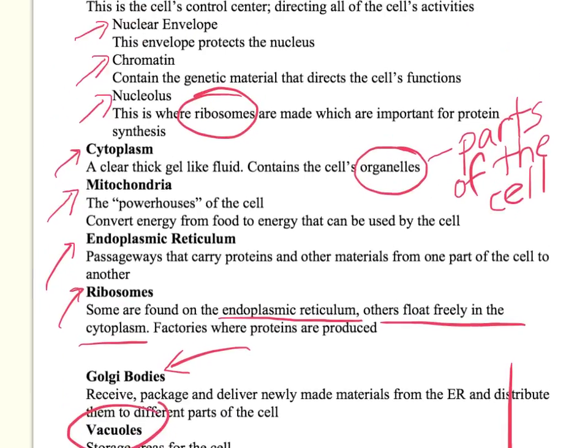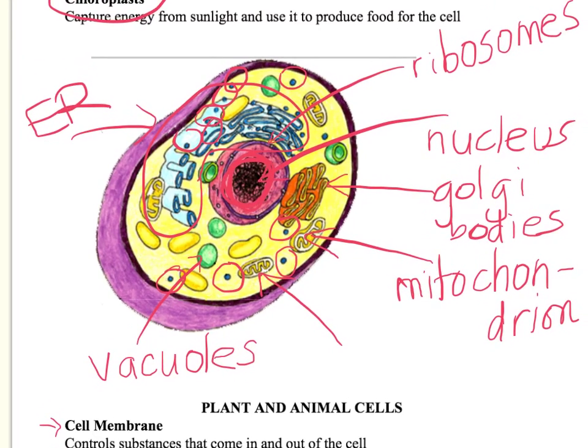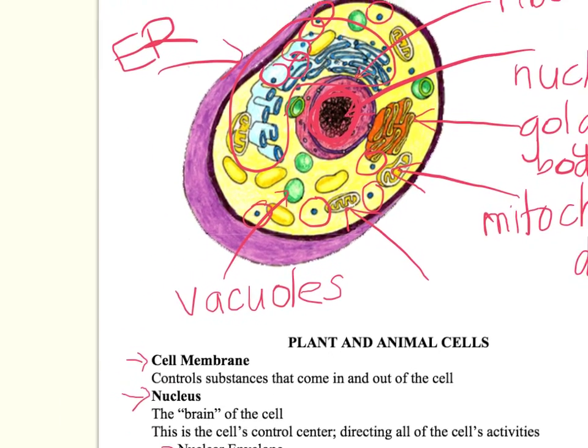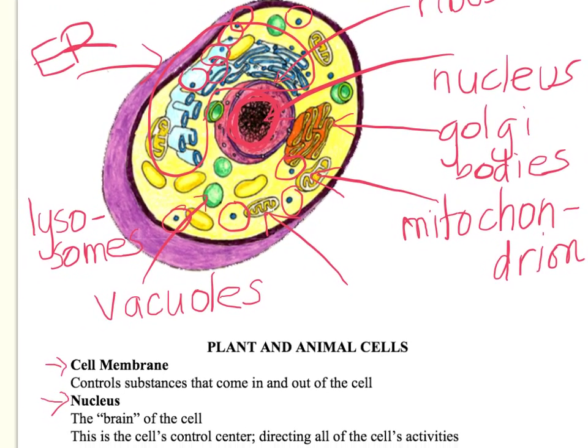In this diagram they don't seem to have them, but they actually look like vacuoles. So we'll add the word lysosomes here, and you can have a look at this animal cell in your textbook to see what they look like.